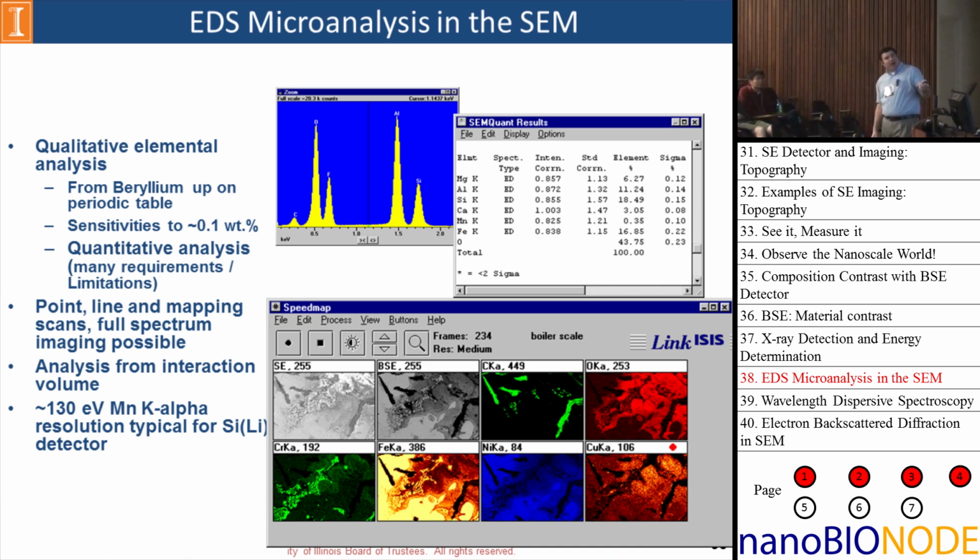We have point, line, and mapping scans, where a good example of mapping is down here, where we can take an SE image, a backscatter image, and then we can separate out the individual contributions of the elements that comprise those images.